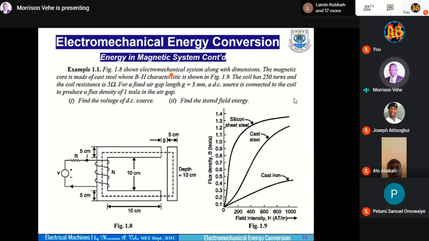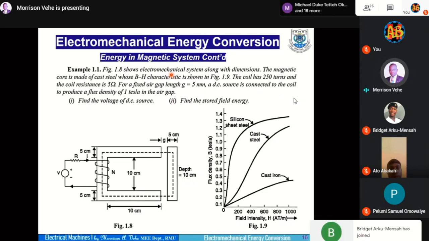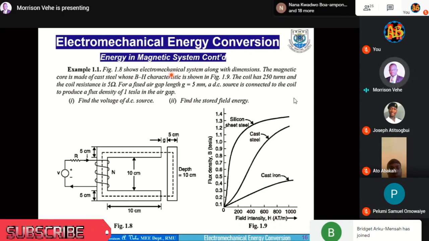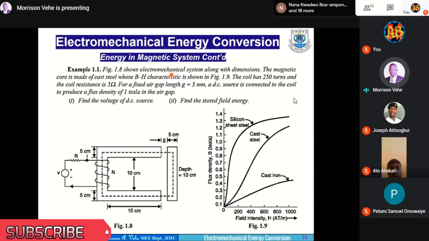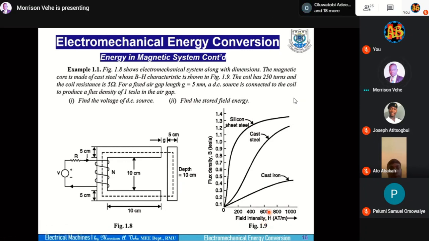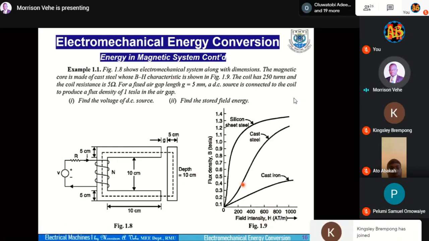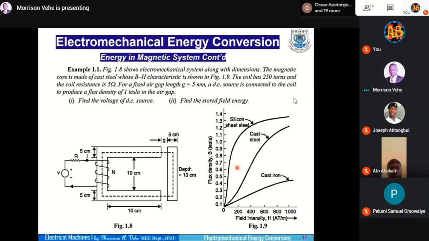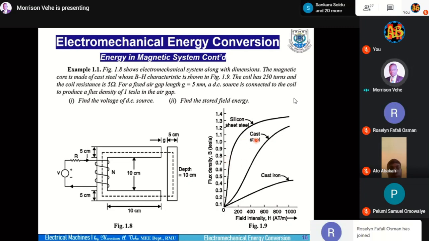So the magnetic core is made up of cast steel whose BH characteristic curve is shown in this figure. That's 1.9. So this is a BH, that's basically your flux density versus the field intensity. Okay, characteristic curve. That's what we have here.